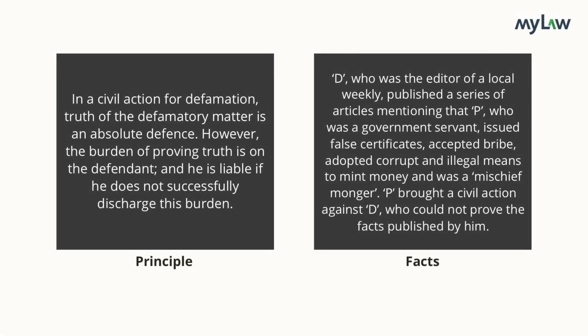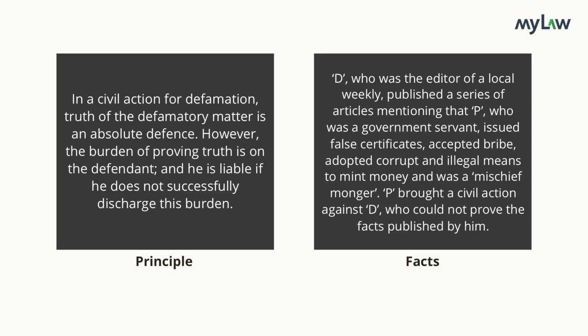The principle is, in a civil action for defamation, truth of the defamatory matter is an absolute defense. However, the burden of proving truth is on the defendant, and he is liable if he does not successfully discharge the burden. Facts.